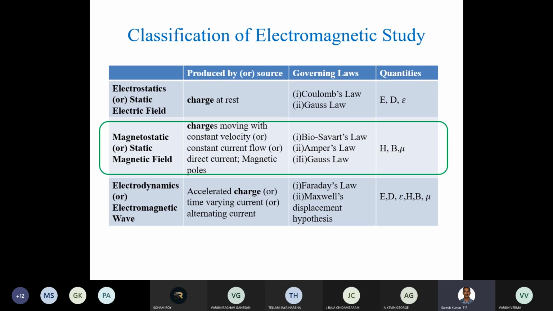Earlier we discussed electrostatics, which is produced by charges at rest. Charges are stationary. In this case, we are considering that the charges are moving. If the charges are moving, we call it a current or current flow. If the charges are moving with constant velocity, then we call it a DC current. Charges moving with constant velocity produce a magnetic field, but the produced magnetic field will be static.